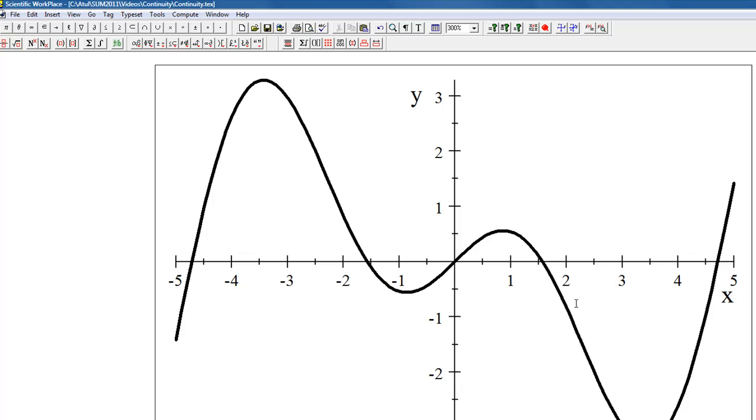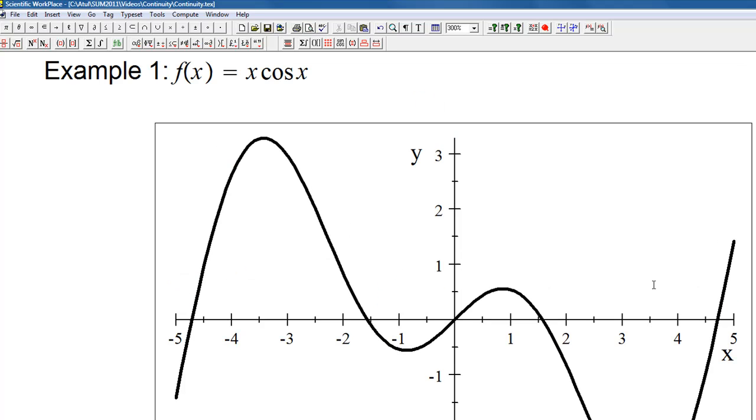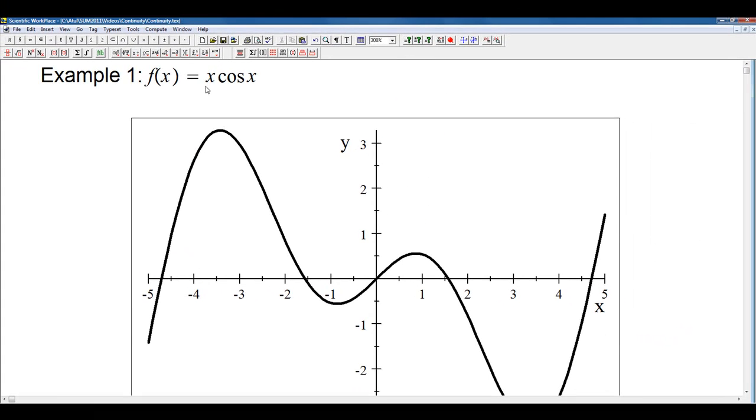We may say that this function is continuous at every real number, even though you see the window only from -5 to 5. But soon in our analysis you will see that, because of the factors that it's composed of, this function will be continuous along the entire real line.